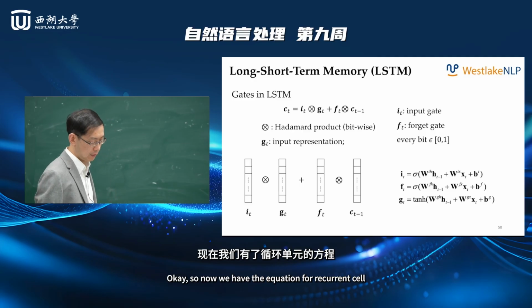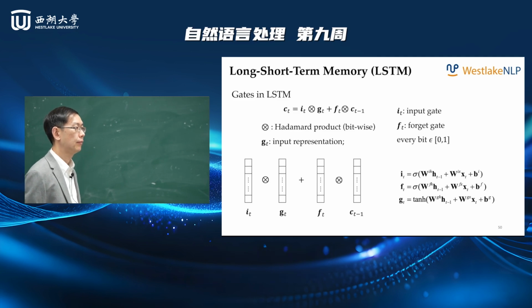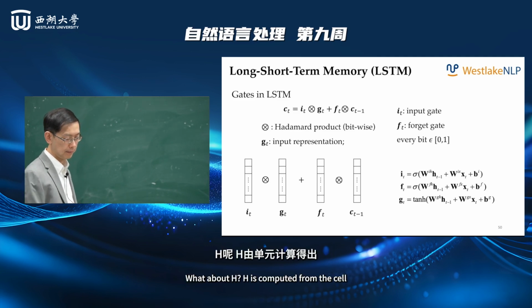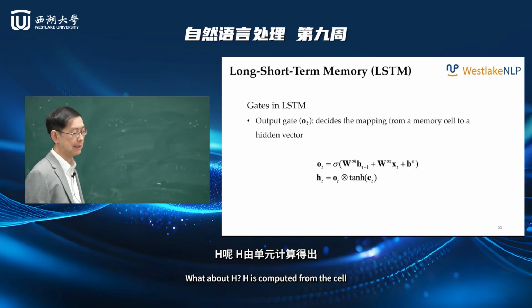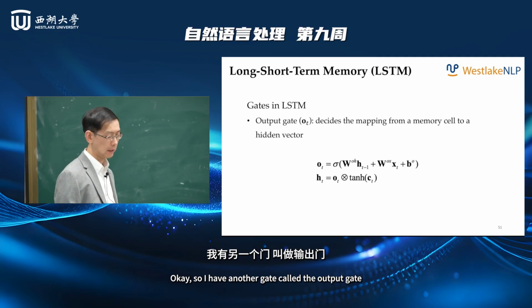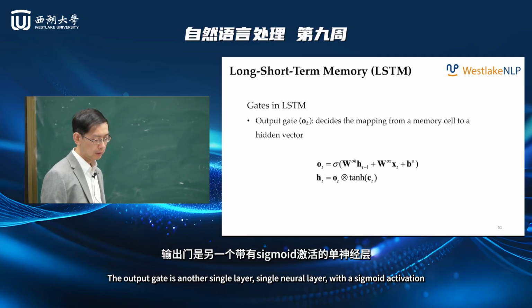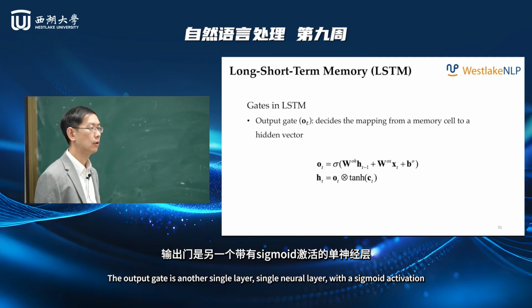Okay, so now we have the equation for the recurrent cell. What about H? H is computed from the cell. So I have another gate called the output gate. The output gate is another single neural layer with a sigmoid activation.